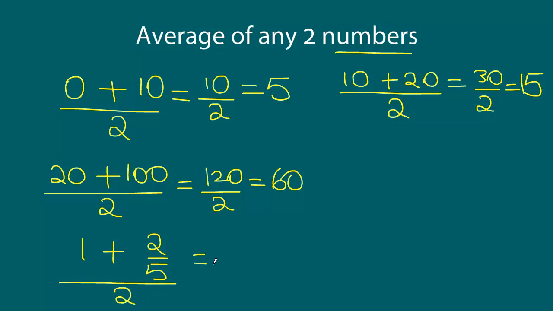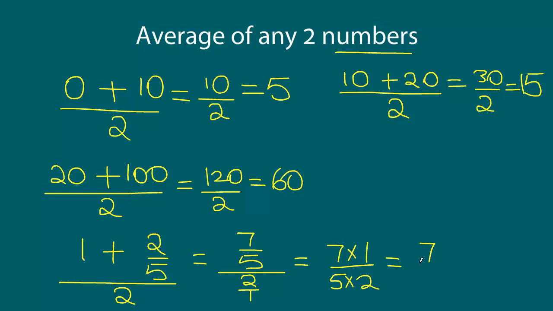So we solve this. 1 plus 2 over 5 is 7 over 5, and then we divide by 2 over 1, so this will be 7 times 1 over 5 times 2, or simply 7 over 10.